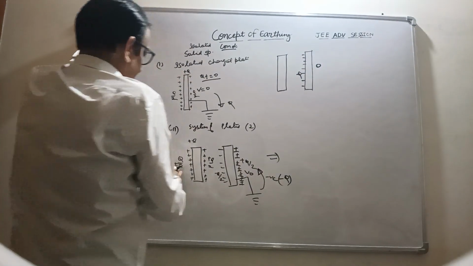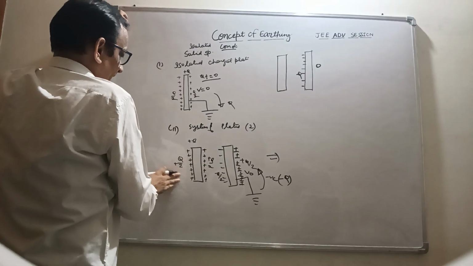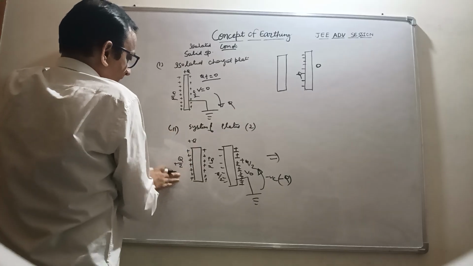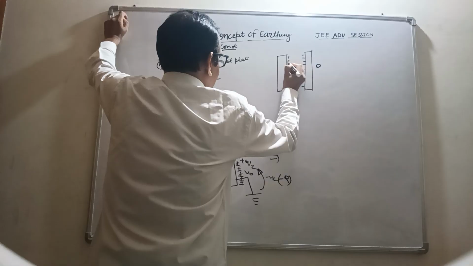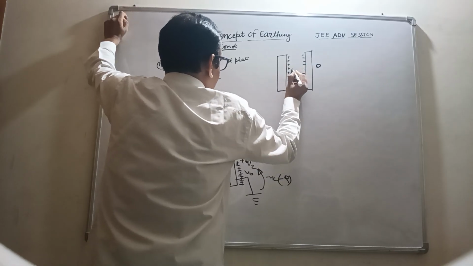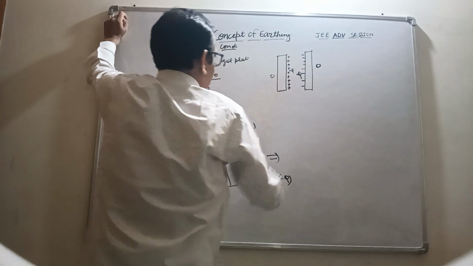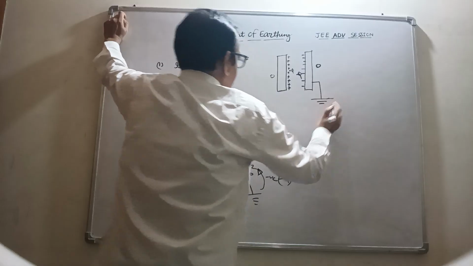Similarly, the charge density reduces and the whole charge shifts inside. So here it becomes plus q charge, and here the charge is 0. This is the condition of earthing.